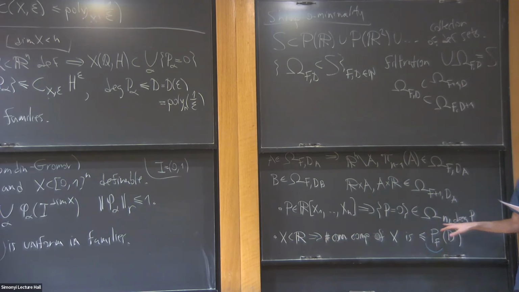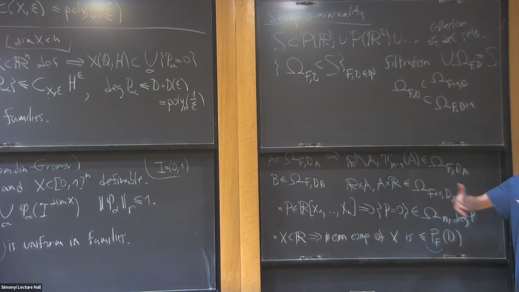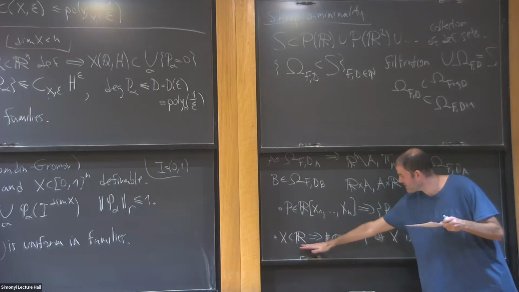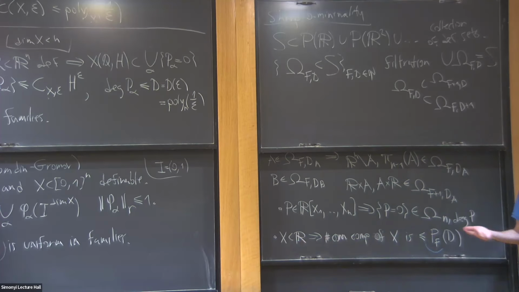Even though I impose this condition only on subsets of R, it's going to imply good finiteness results for all dimensions, just like in o-minimality. Also in o-minimality, we just impose finiteness on R, but then we get bounds for all kinds of things, like decomposition in all dimensions and so on. So I'm claiming that this happens as well.